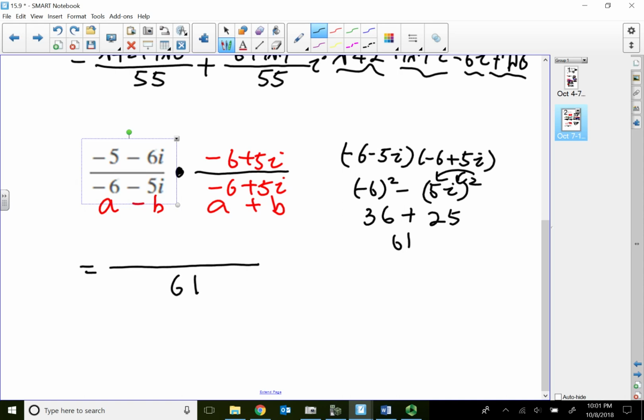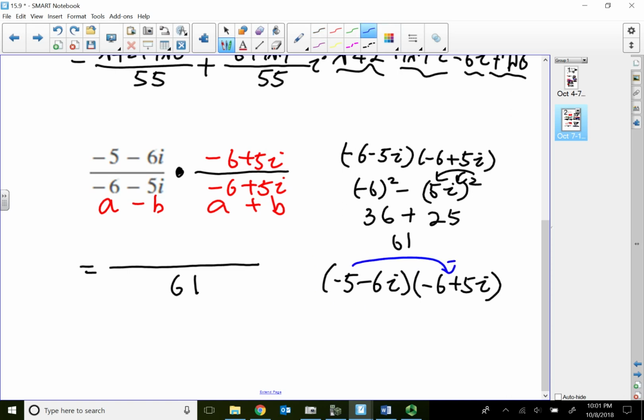All right, let's multiply the top together. Negative 5 minus 6i times negative 6 plus 5i. Let's do the FOIL method. Negative 5 times negative 6 is positive 30. Negative 5 times positive 5i is negative 25i.